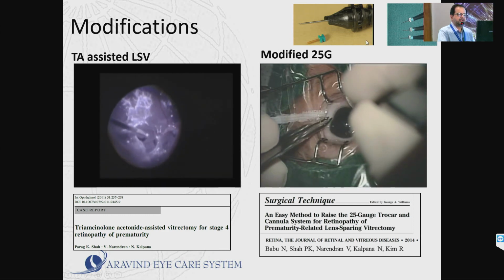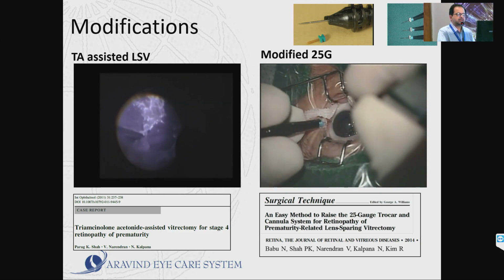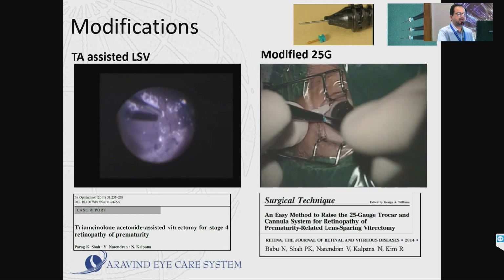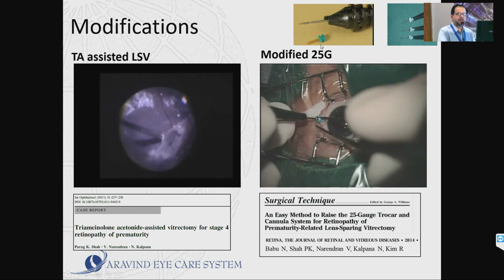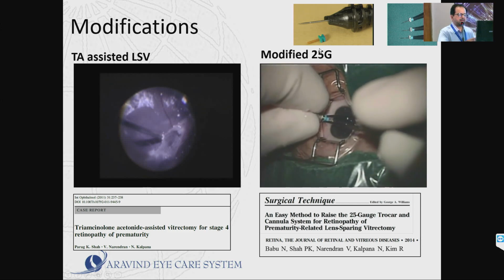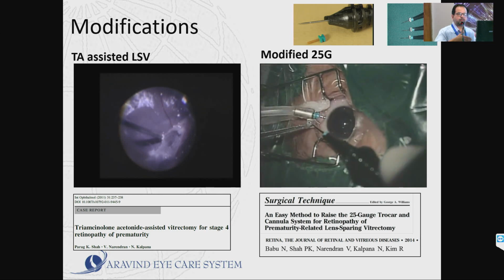Then we insert it into the eye, 1.5 millimeter from the limbus. It's around 1 to 1.5 millimeter thickness, so it effectively reduces the intraocular part of the cannula, and that saves us from getting a lens touch. And sometimes the traction is so anterior that if the cannula is too deep, you may not be able to assess it.